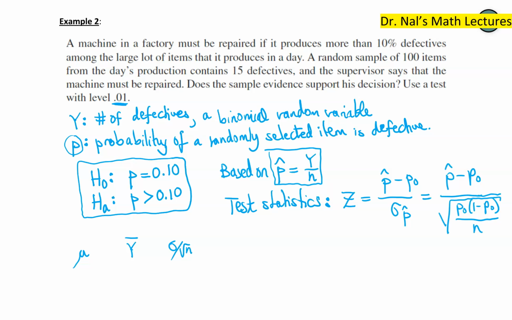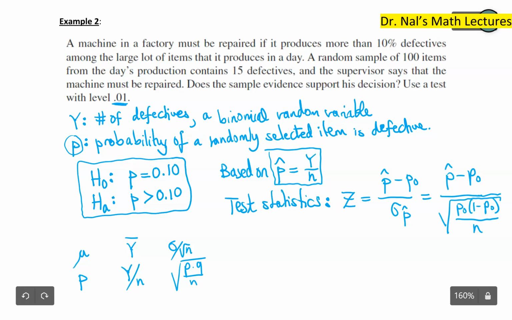In the case of a proportion p, the proportion parameter for the population, the point estimator is y over n, and the standard error is the square root of p times success failure divided by n. Failure in this case is 1 minus success, so that makes sense. Of course, we can also look at some more complicated things, but we don't want that in this case.